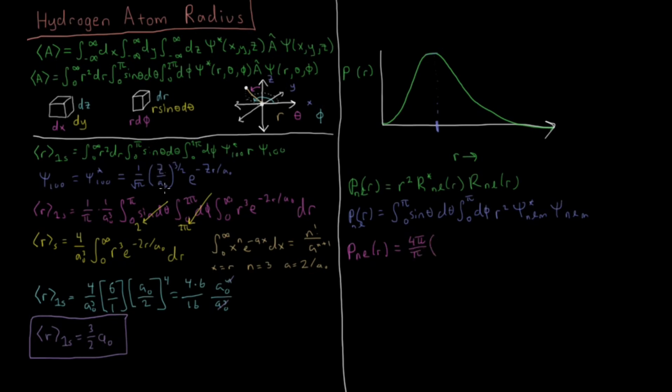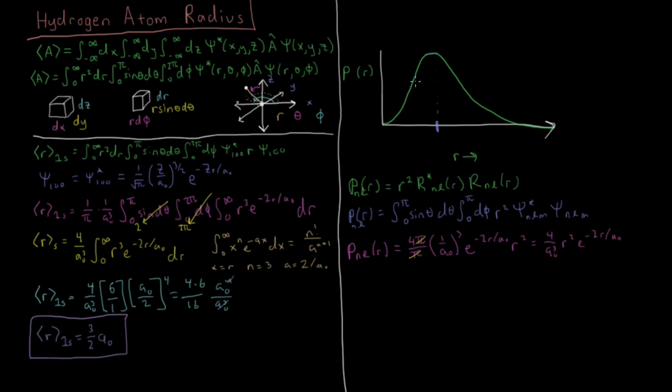Z, again, we're setting to 1, squaring, getting 1 over a naught cubed. Then we have e to the minus, z being 1, e to the minus r over a naught squared. So e to the minus 2r over a naught. And this multiplied times r squared. So settling this all out, again canceling the pi's there, our final probability density function is going to be 4 over a naught cubed r squared e to the minus 2r over a naught.